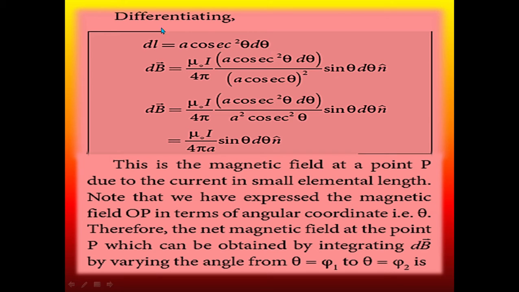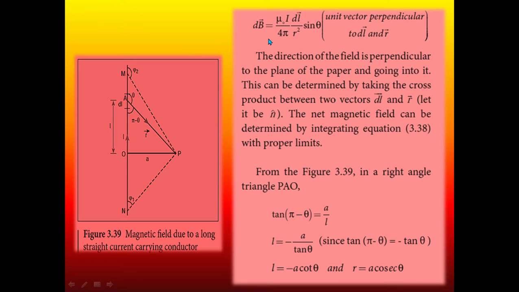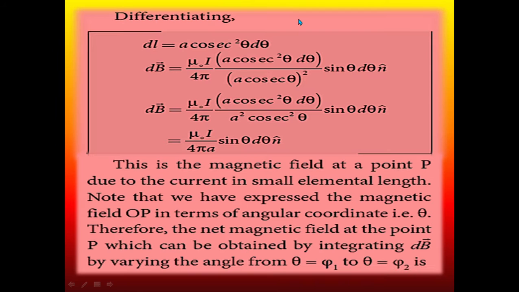So substituting this dl value in the equation, dB vector is mu naught I divided by 4 pi dl vector. Here dl is replaced by a cosecant square theta into d theta.